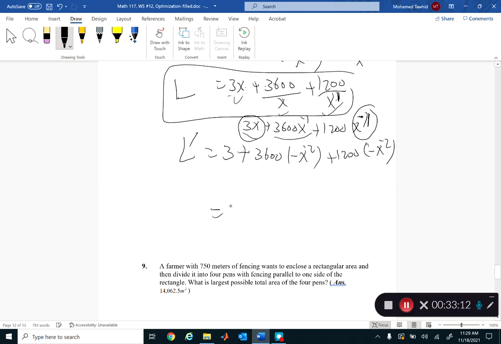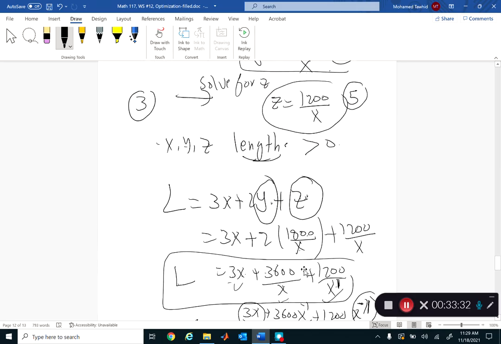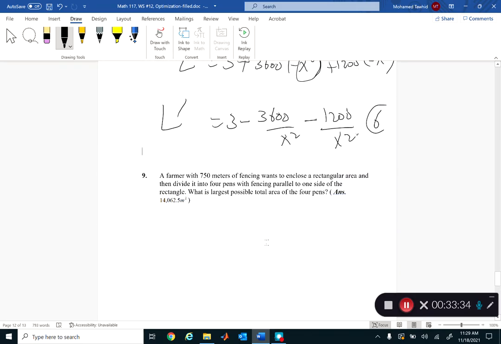If I simplify this, you have 3 minus 3600 over x squared, minus 1200 over x squared. I give this equation number 6. That is our derivative.